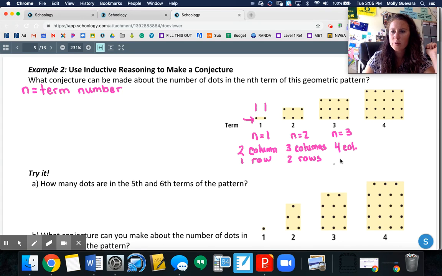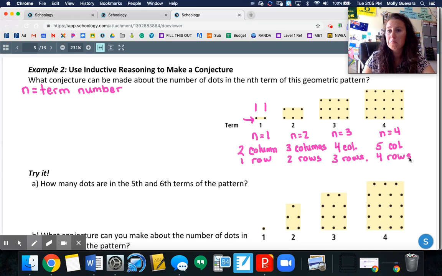I'm going to abbreviate. And then I have 3 rows. And then if n is 4, I have 1, 2, 3, 4, 5 columns, and 1, 2, 3, 4 rows. I'm just writing down an observation. That's it, right?